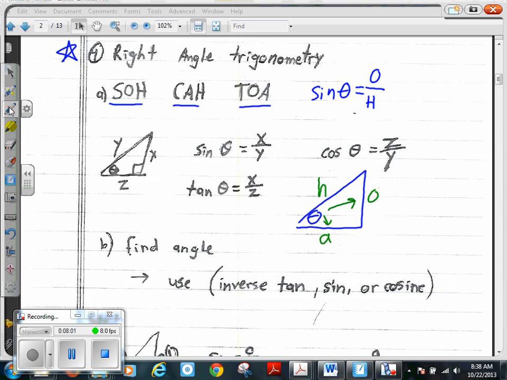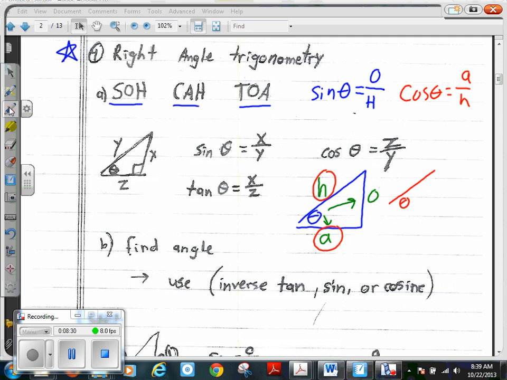And then CAH: the cosine of theta is equal to the adjacent over the hypotenuse. Okay? So that would talk about the ratio between this leg and the hypotenuse. And cosine tells your calculator, hey, I'm looking at ratios. And when you punch in your angle, it'll give you this ratio.